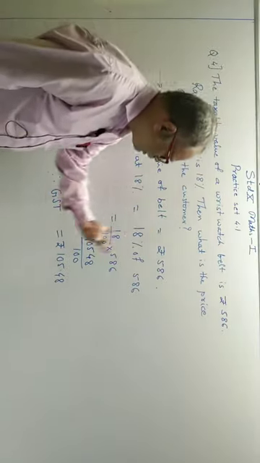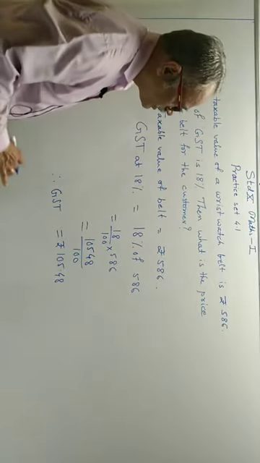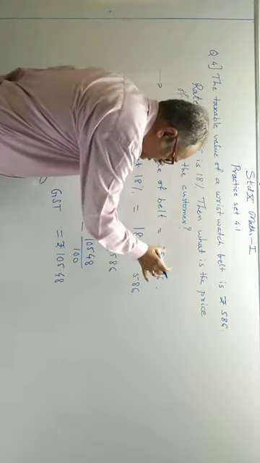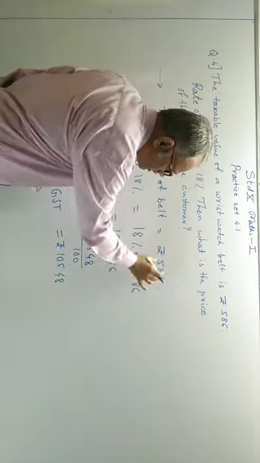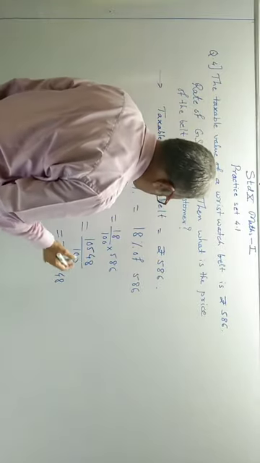This is the taxable value, this is the GST. When the customer purchases, he has to pay this extra GST on this, and that is the total cost for the customer.